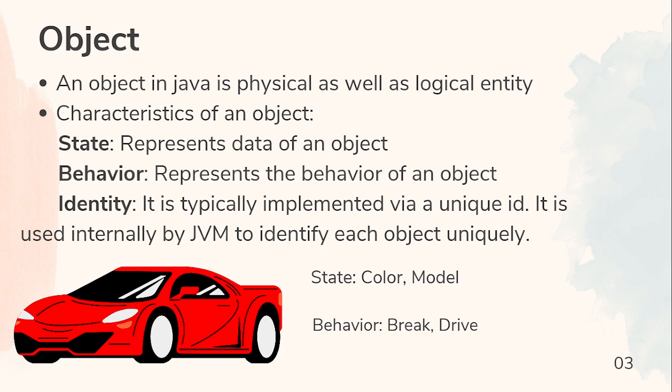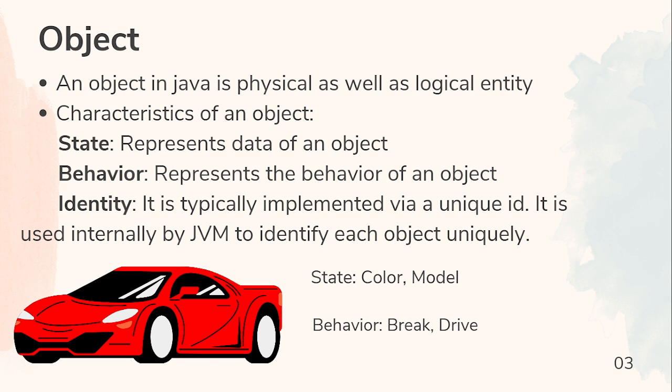So we can understand that everything in the world that we see is an object, right? An object has some attributes and behavior, and we need to identify an object by some unique identifier. In the real world, we can relate it to a car. A car has attributes like color and model.